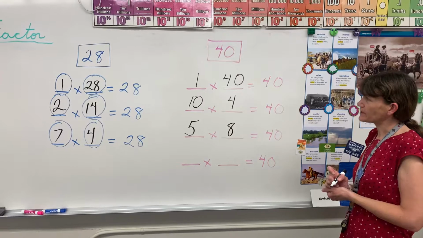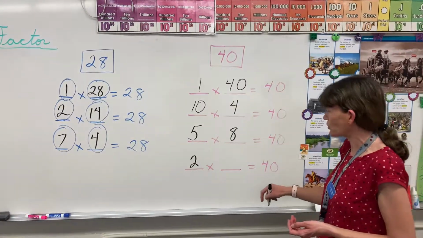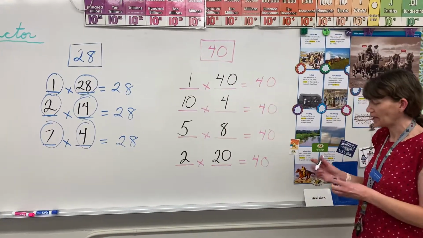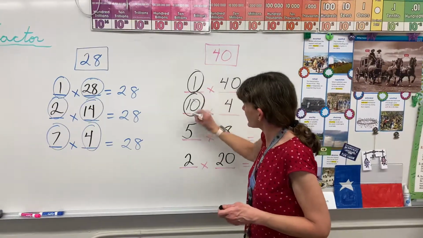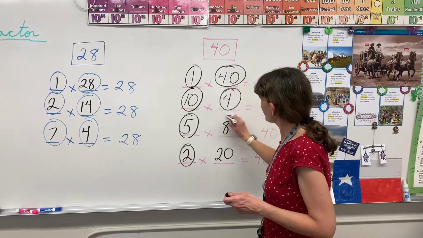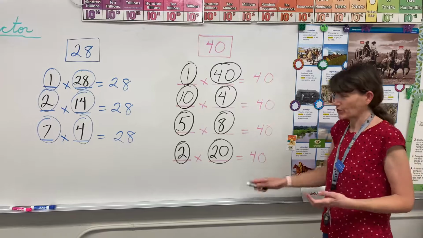And if I divide by 2, because it is an even number, then 2 times 20 is 40. So again, 1, 10, 5, 2, 40, 4, 8, and 20 are all factors.